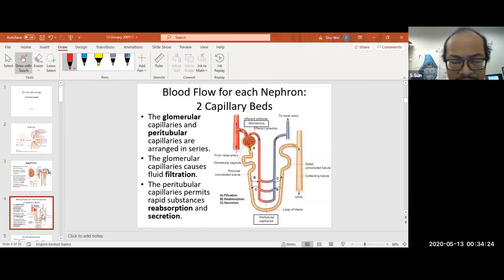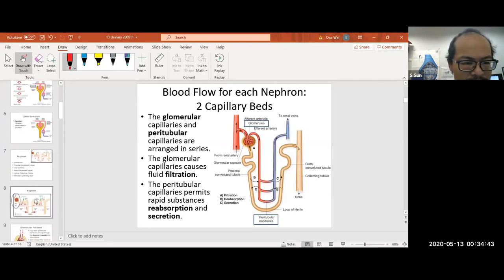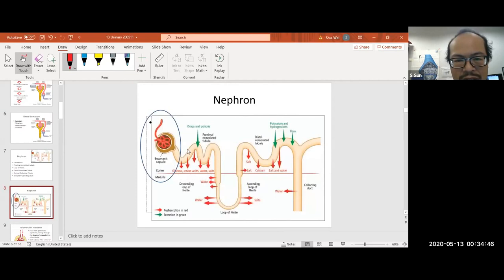So let's look at this nephron. Before that, the first thing we need to know is that the blood flows through this nephron. So here is the nephron, and if we expand it, this is the expansion of that nephron.